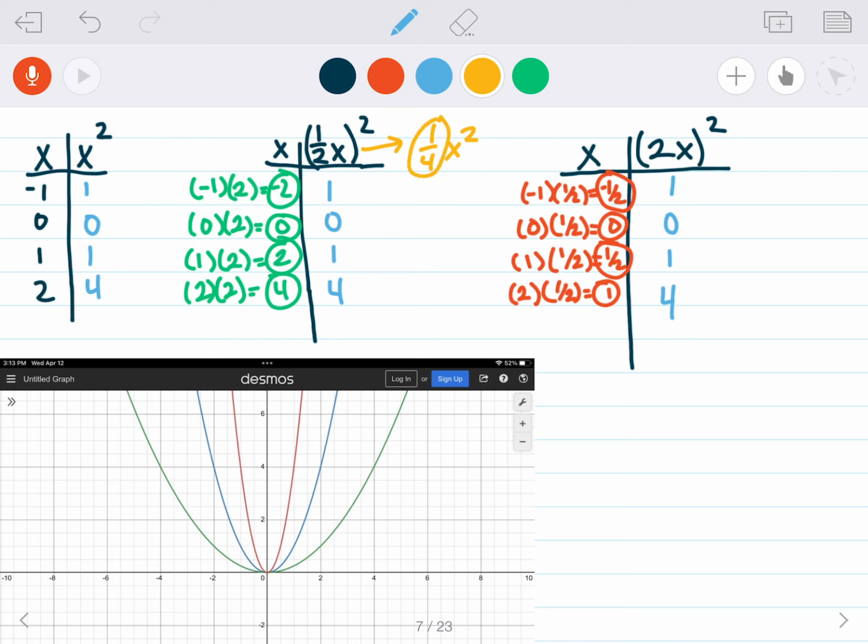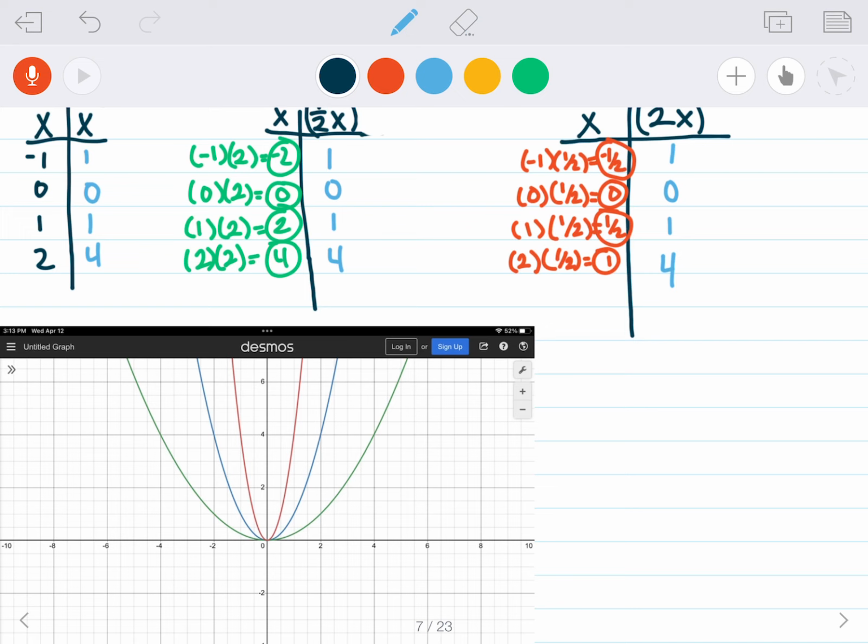And notice this is a vertical shrink, a vertical shrink by a factor of a 4th, but we can also look at it as a horizontal stretch. Horizontal stretch and vertical shrink are the same ideas, because we're making the graph fatter in both cases. A horizontal stretch means we're making the graph fatter. Okay, so anyway, enough about that. Let's look at the graphs here. So plotting my basic points for the parent function.